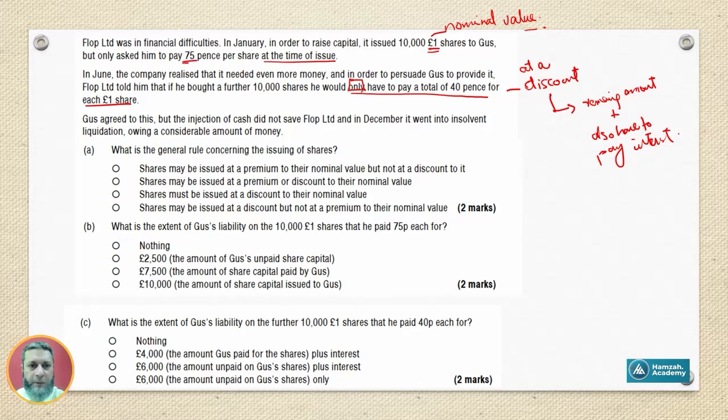Here also he has made a partial payment, but he has agreed that whenever the company wants, he will pay. But here in this case, he is getting it at a discount. In the first case, there is only partial payment, no discount. But in the second case, there is a discount. And whenever there is a discount, not only the remaining amount is to be paid, but in addition to that, interest also has to be paid.